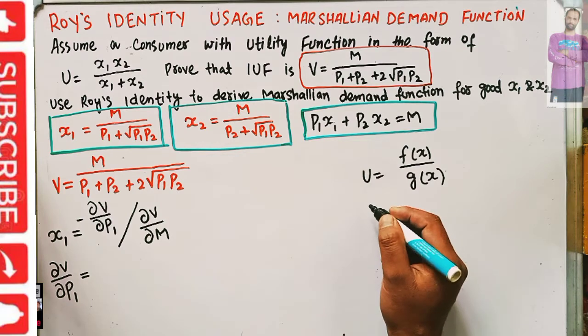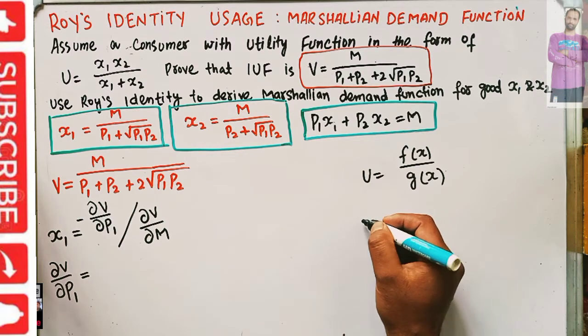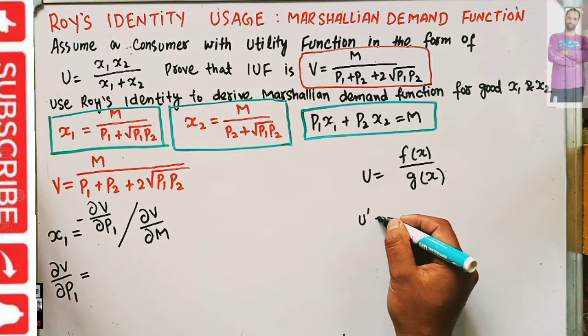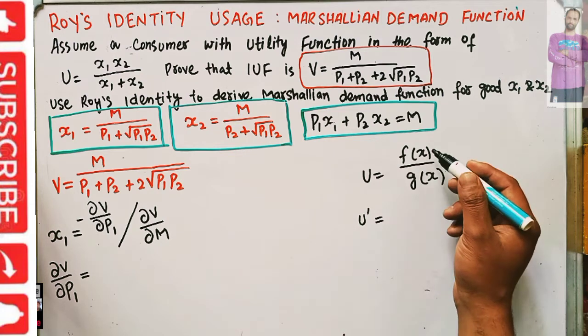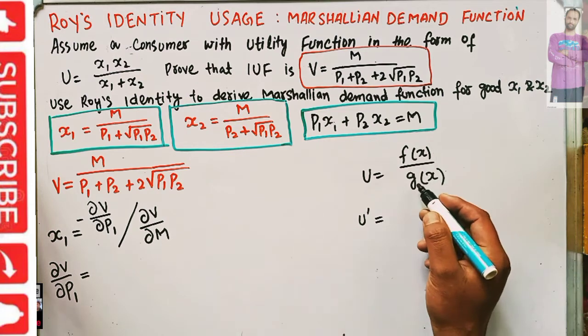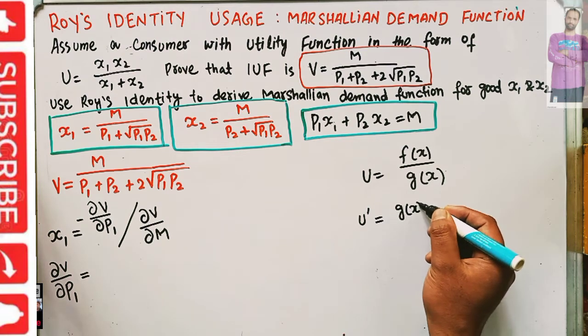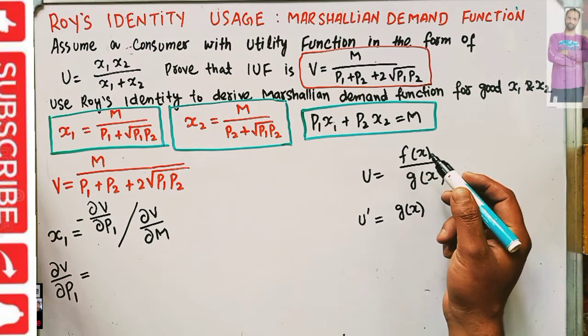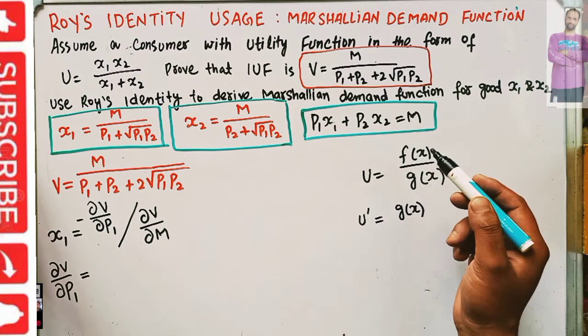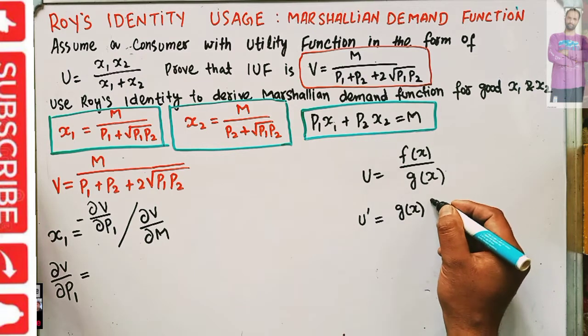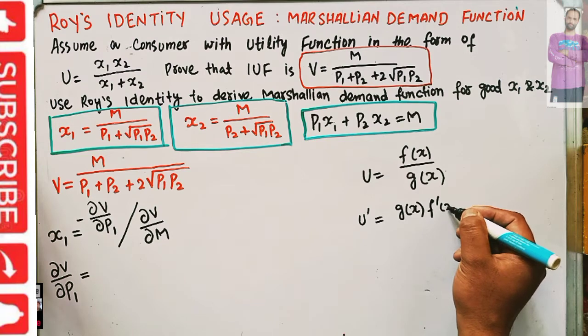So taking partial derivative means, let me write it, u dash will be equal to, so we use here the quotient rule. First we write the denominator function, to this we multiply the derivative of the numerator function, that means f dash x.